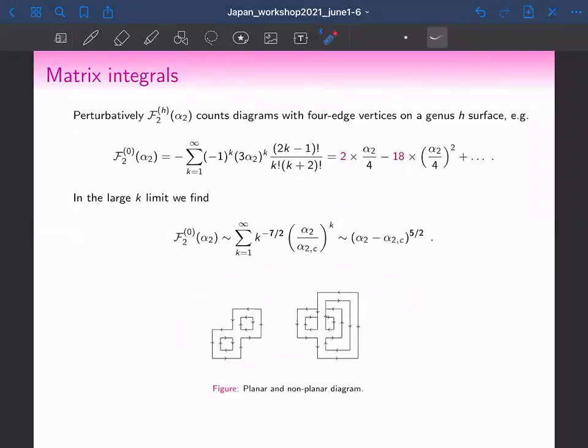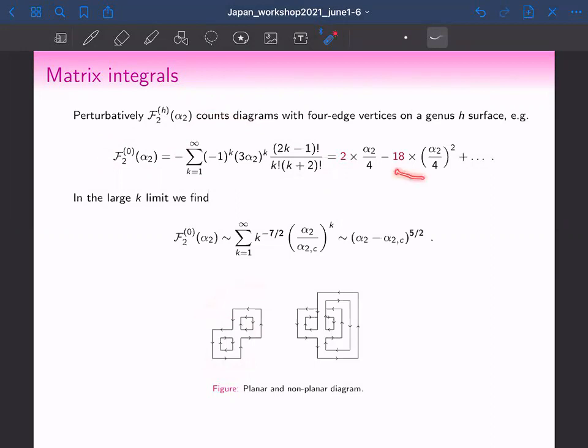And as has been shown by Brézin, Itzykson, Parisi, and Zuber, for genus 0, we can sum these diagrams in the following way. And then we have these coefficients 2, 18, and so on. This 2 just means there are two diagrams that you can draw on a sphere with a single vertex which emanates 4 edges.